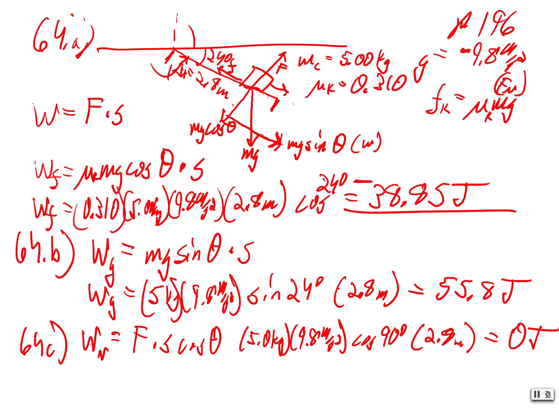And then we look at what? This is a long one. The total work done on the package. All right, so what would the total work be? Well, that's easy. 64D, work total or work net. You just add them up. So we would have 55.8 minus 38.9, or 38.85.